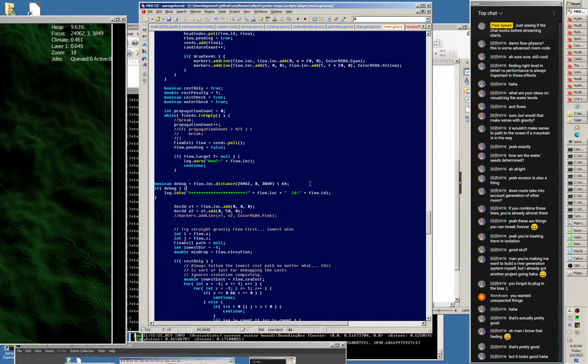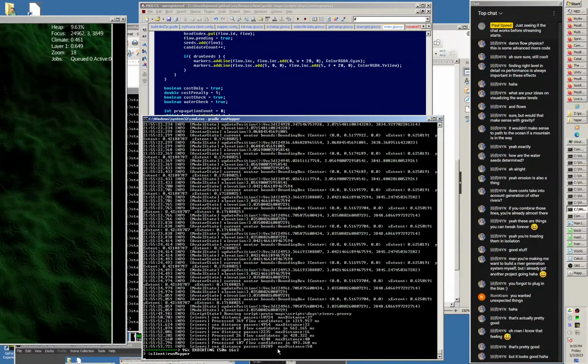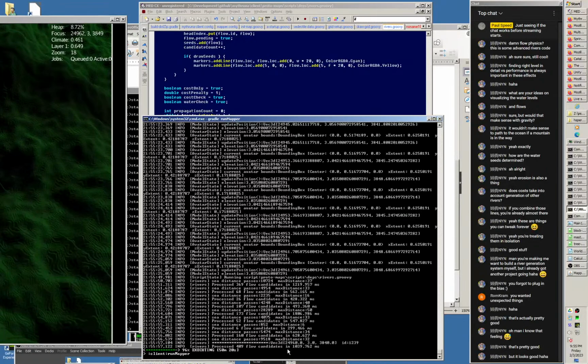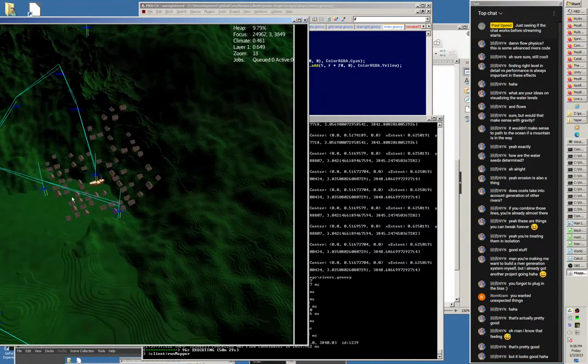So let's just confirm that we get a debug statement from that. Okay, so we'll be able to debug that particular point and see why it chose going uphill instead of choosing one of these neighbors. It's just bizarre because that neighbor should not have had any feed at all.